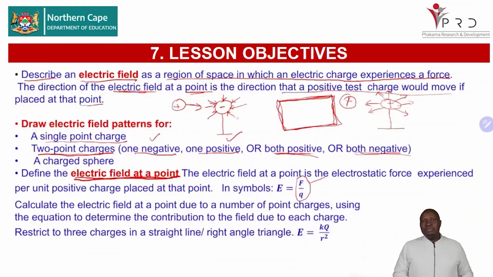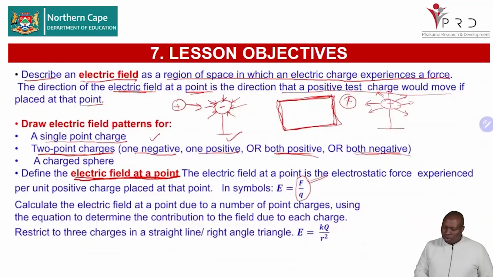Between positive and negative, it will be attraction towards, hence you will draw it like that. So you have that as you draw your electric field patterns. And then electric field at a point is the electrostatic force experienced per unit positive charge placed at that point. I hope definitely the definitions are in your pocket and you are ready to collect them come your exams.